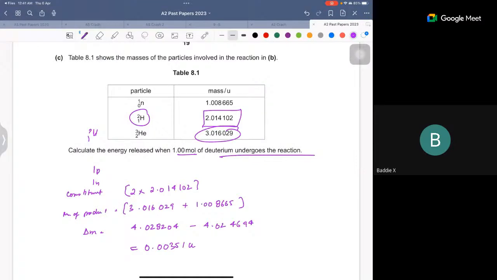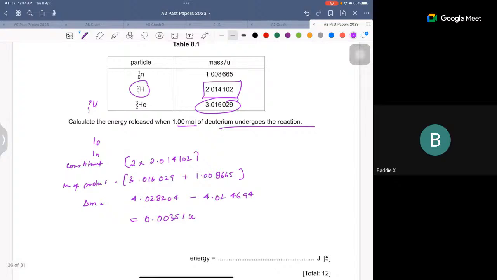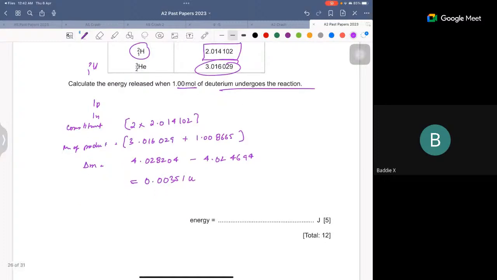And now the issue with this is that there's this problem. So we're going to find the difference in energy by using mc squared. We want the energy in 1 mole. This is a problem. Let's see what we do with this 5-mark question.